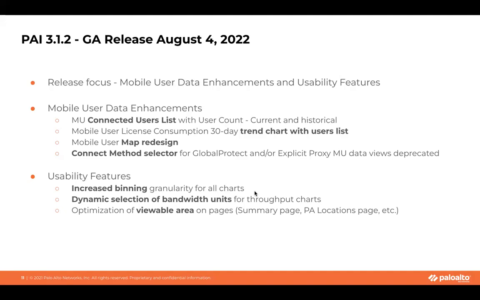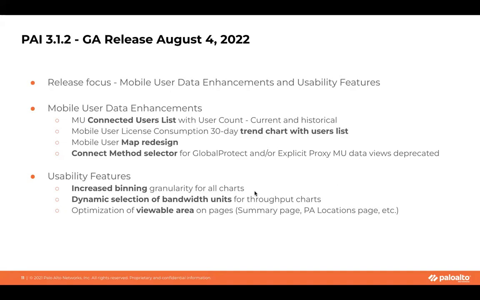So now mobile users who connect through Global Protect and those who use the explicit proxy means of connecting via a web page to their Prisma Access deployment have been separated.